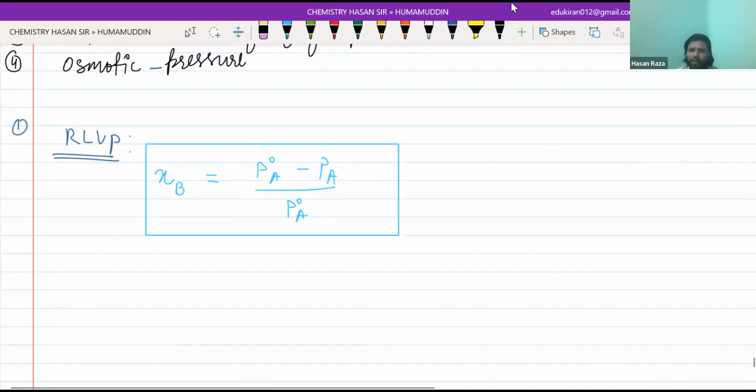And you should remember that B was for solute. So zeta B is the mole fraction of solute.